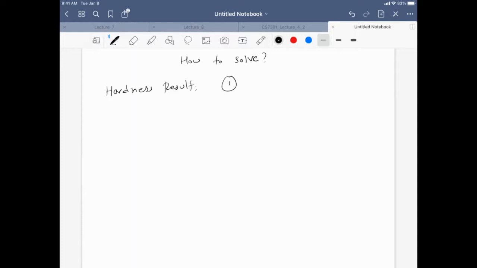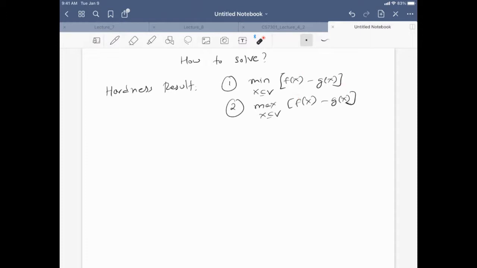The hardness result says that trying to minimize this function, or maximize the difference, with or without constraints, even if h of x, which is the difference, is greater than or equal to 0, problems 1 and 2 are still NP hard to approximate.